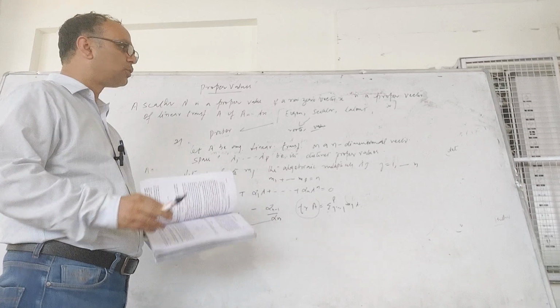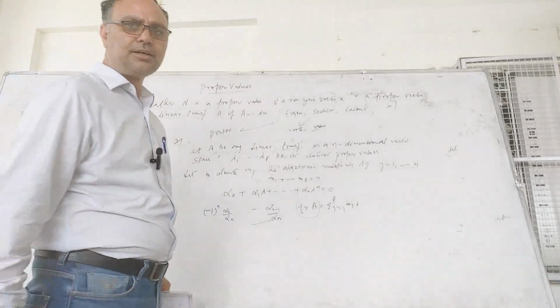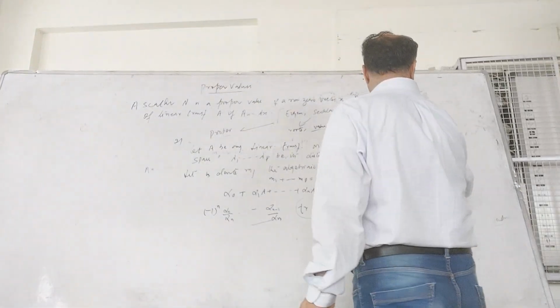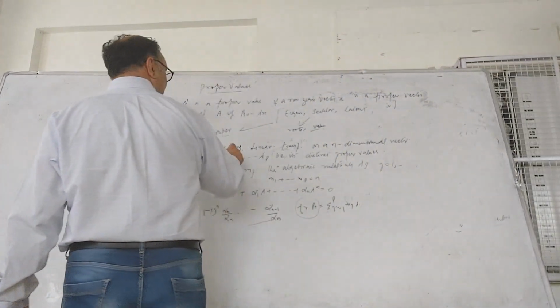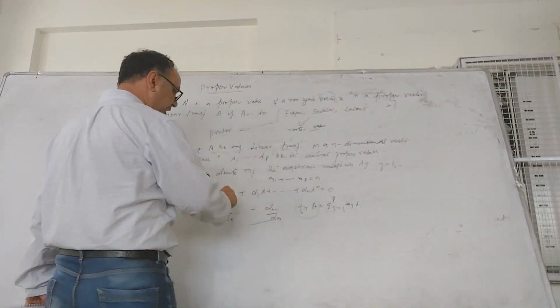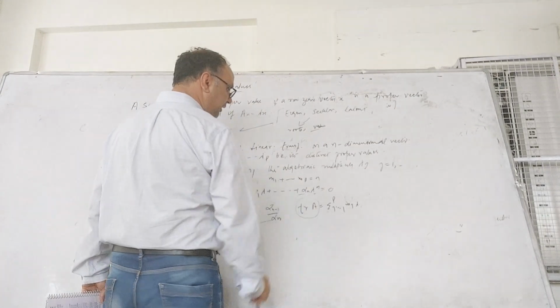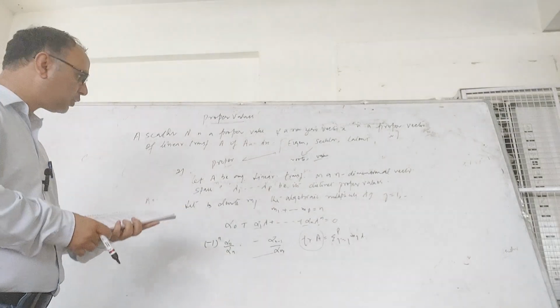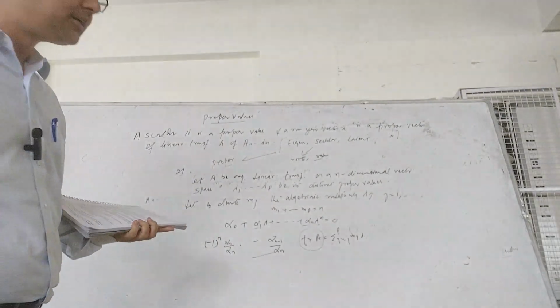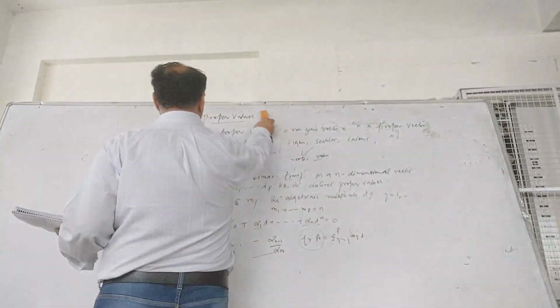Now there is also something called triangular forms. Any linear transformation having n eigenvalues, you can further show how we can construct triangular forms.